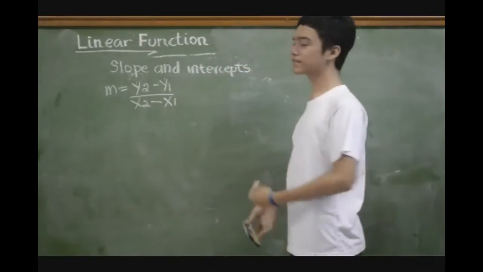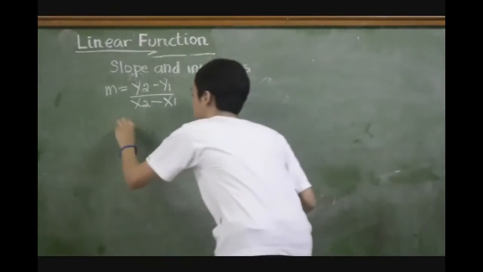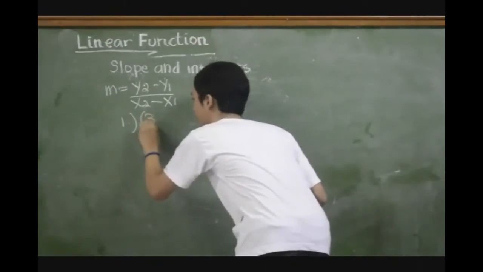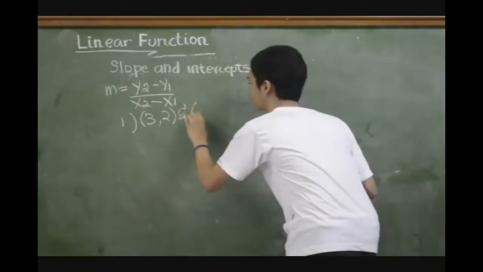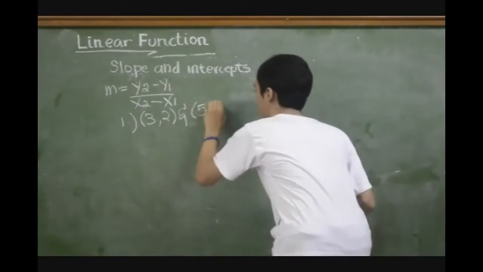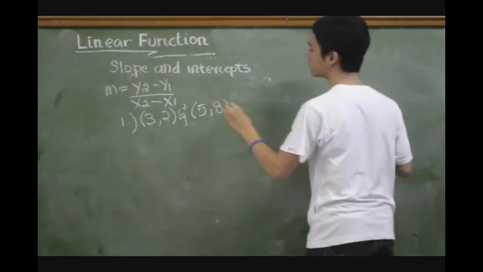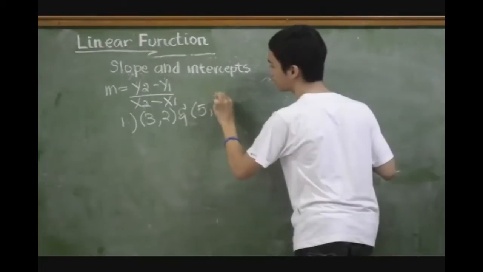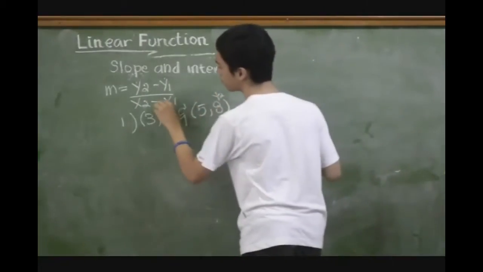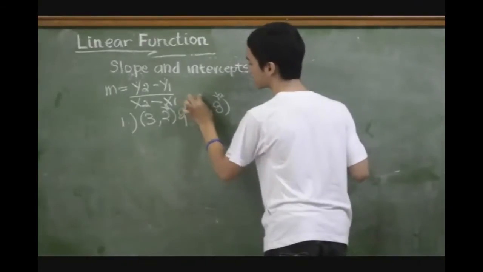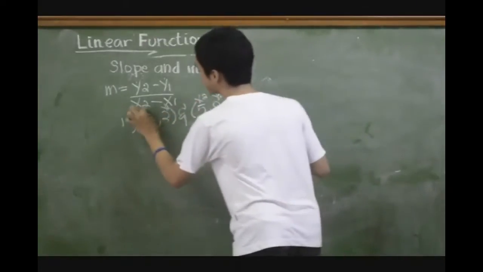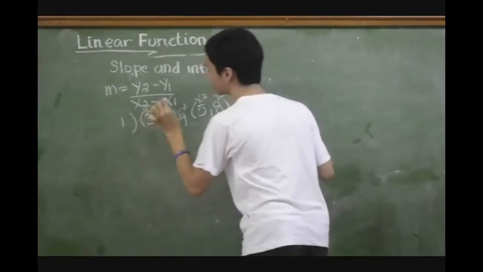Here are some examples. Number 1, the points (3, 2) and (5, 8). 8 is y sub 2 and 2 is y sub 1. 5 is x sub 2, 3 is x sub 1.